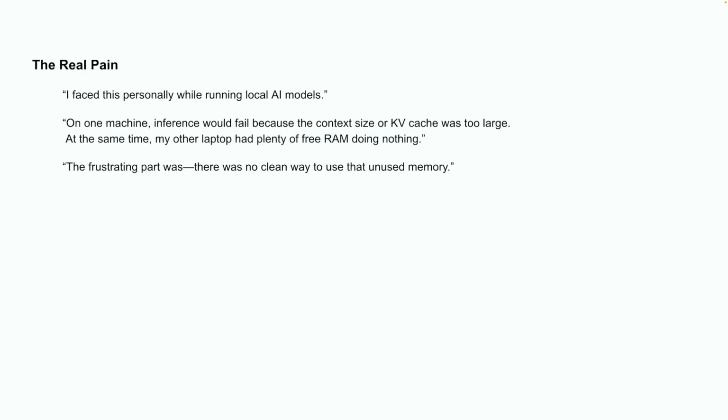I faced this personally while running a local AI model on my personal computer. When I was trying to run Ollama on my Mac, it ran out of memory, due to which I was not able to run it on my device.